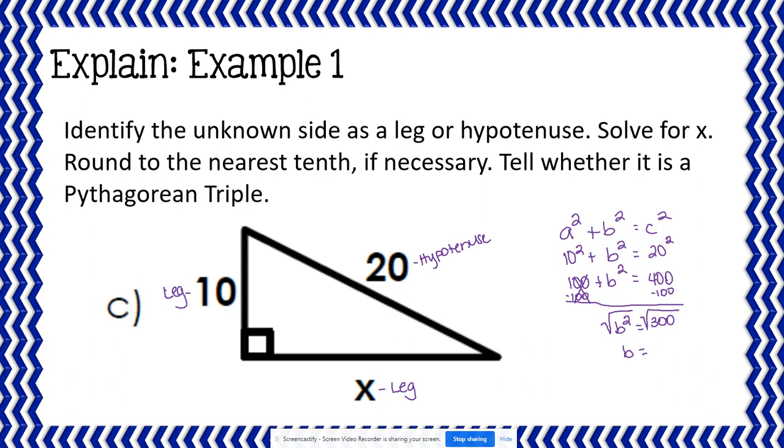That's going to leave me with b equals, and I know that 300 is not a perfect square, which means it's going to be an irrational number that I'm going to have to round to the nearest tenths place. When I put the square root of 300 into my calculator, I get 17.32, which I'm going to round to about 17.3. Now again, since these were not all whole numbers, I know that this is not a Pythagorean triple.